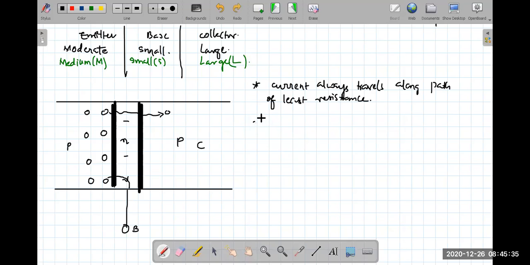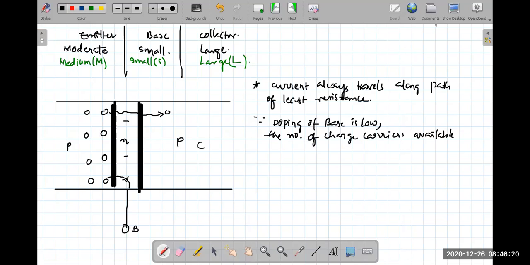Now, since the base is doped low, the number of charge carriers available for conduction is low.